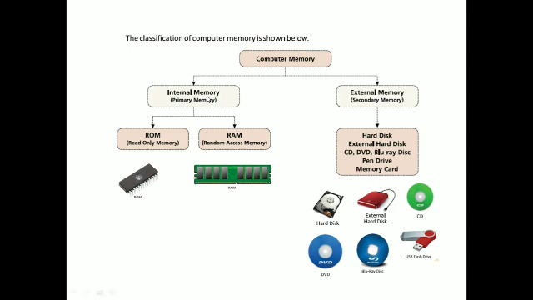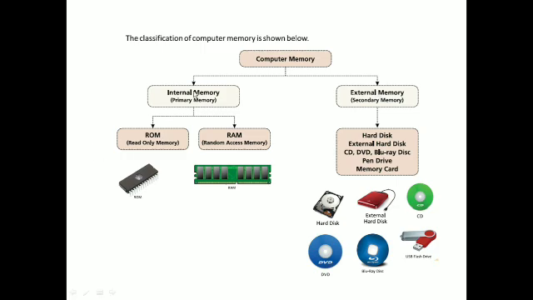Internal memory is the working memory of the computer, so all the processing will be done inside this primary memory. Secondary memory, on the other hand, is the permanent storage. When you switch off the computer, whatever is inside your primary memory will be lost. So if you want to use it at a later stage, you have to save it. That is done in the external storage, or secondary memory, or external memory.